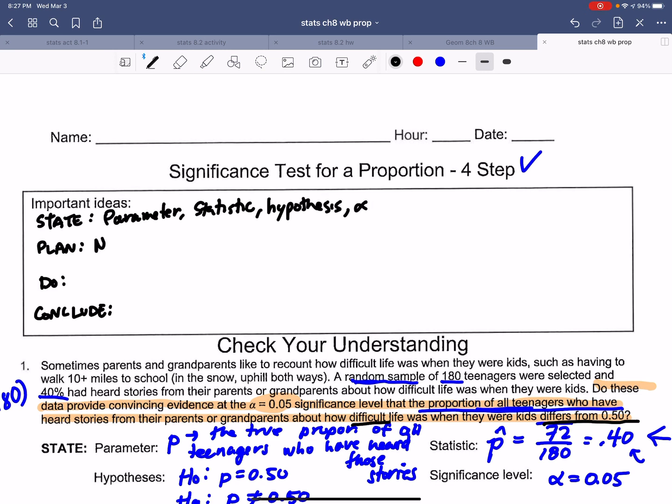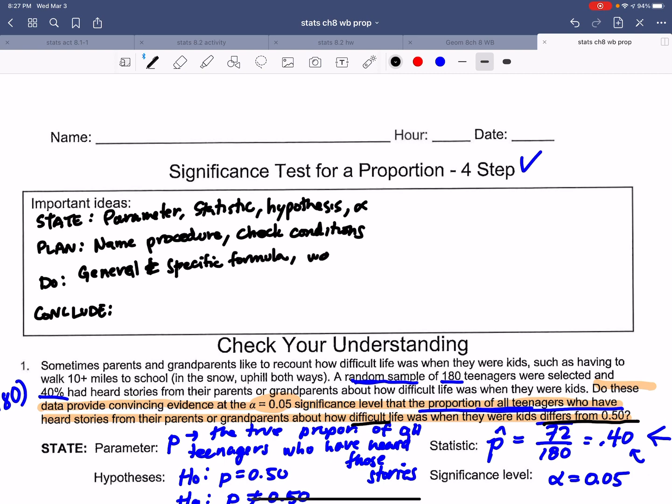In our plan, we want to name our procedure and check those conditions. In our do, we want a general and a specific formula. We want to show our work.